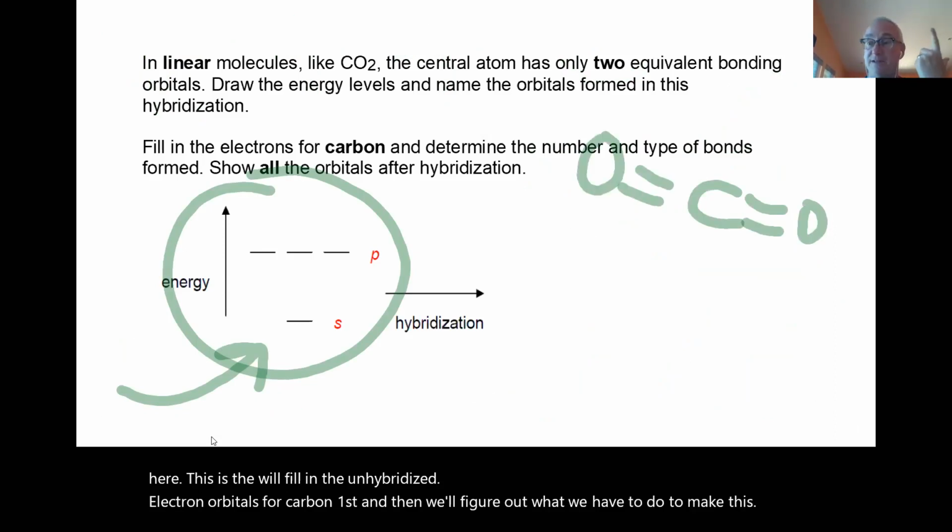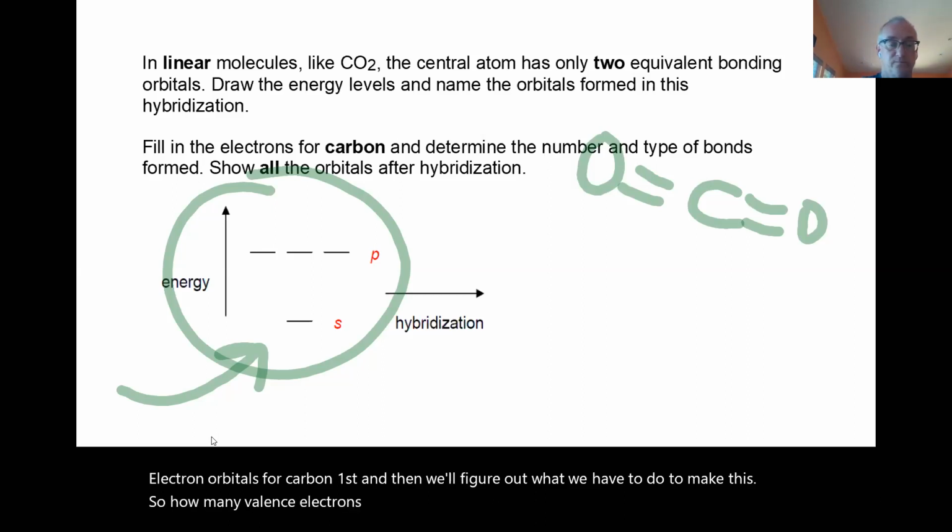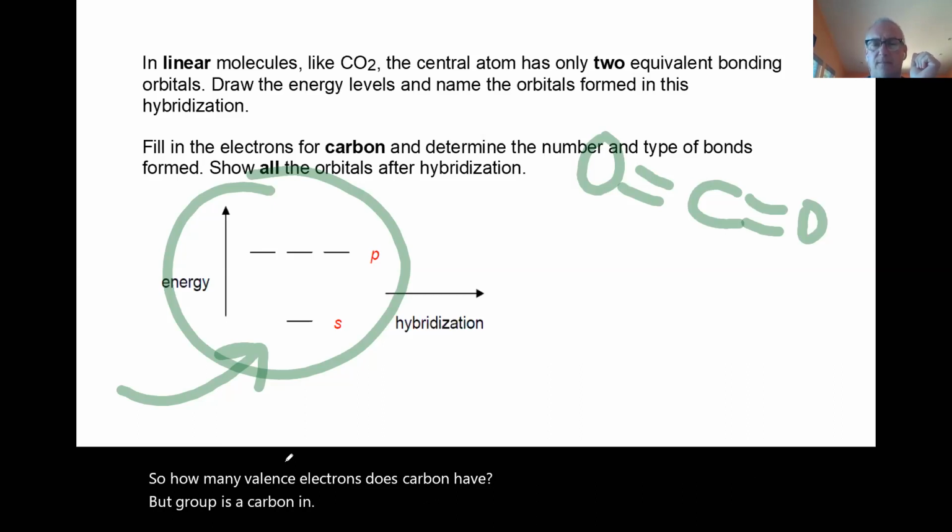So how many valence electrons does carbon have? What group is a carbon in? 4. 4, right. So it has how many valence electrons? 4, exactly. So we're going to fill them in. So where do we start?